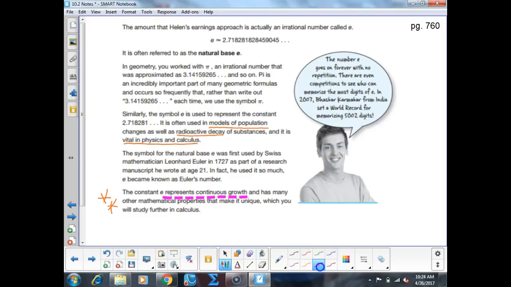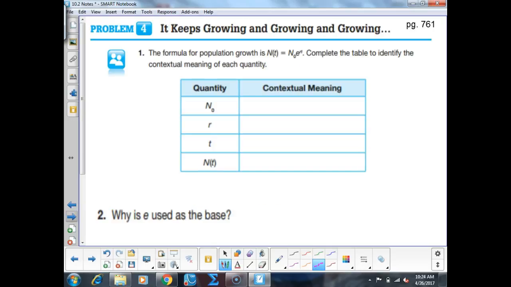If you went E to the first on your calculator, you would get 2.71828 and so on. It's not Bueller, Euler. Yep. Okay. So let's put this to work here on page 761.